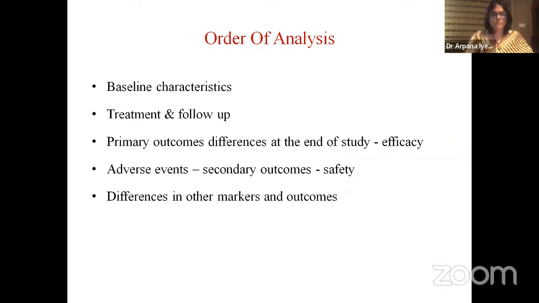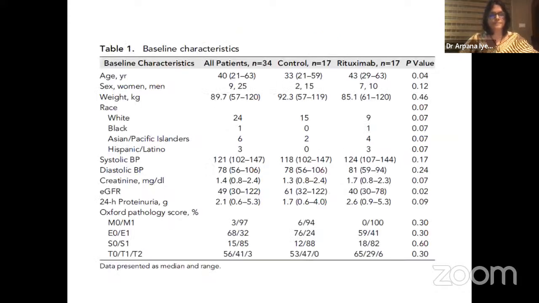Then when I went to the baseline characteristics, this will be the first analysis of the results of an RCT. The critical appraisal of the RCT starts from the baseline characteristics. As the previous speaker said, the baseline characteristics should be as similar as possible. That is the prime reason why we randomize the subjects to control group and the intervention group.